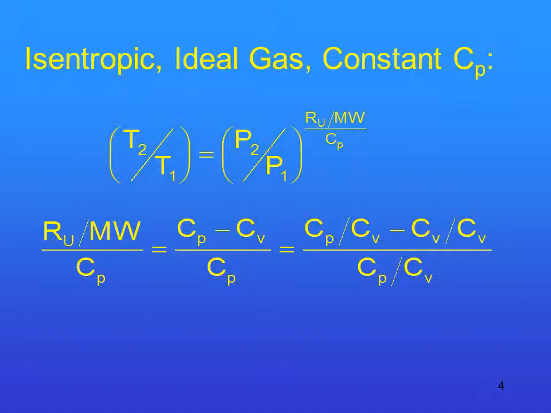Recall that Cp minus Cv is R over molecular weight. Then we define this k, commonly done in thermo for ideal gas situations, where k is the ratio of the constant pressure heat capacity to the constant volume heat capacity. And so this exponent becomes (k minus 1) over k.